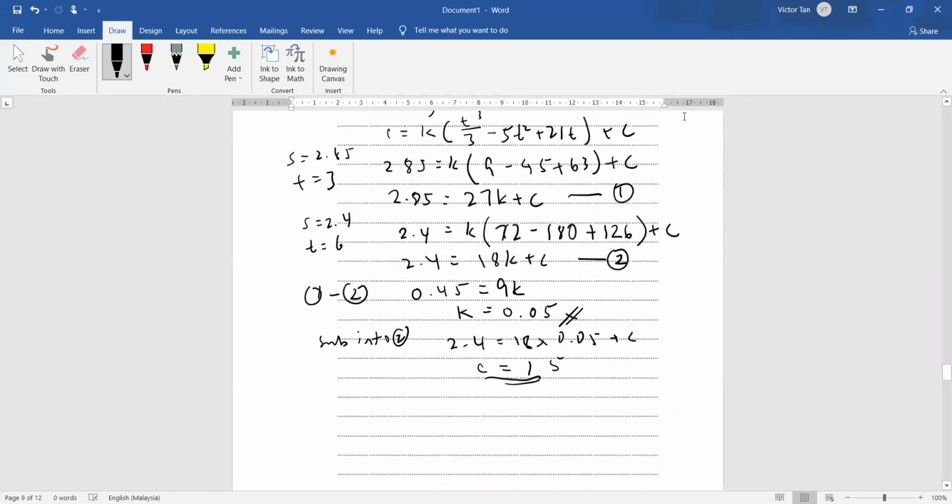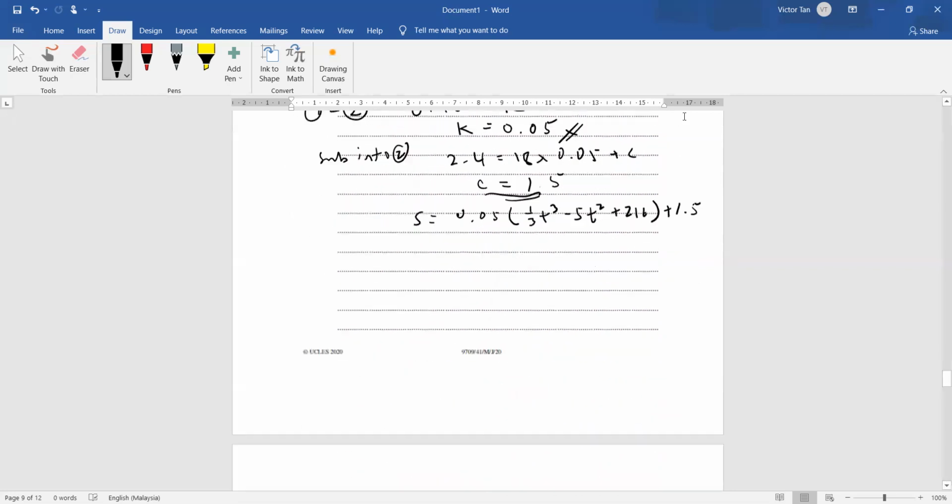Now you can write down the equation: S equals 0.05 times (1 over 3 t cubed minus 5t squared plus 21t) plus 1.5.